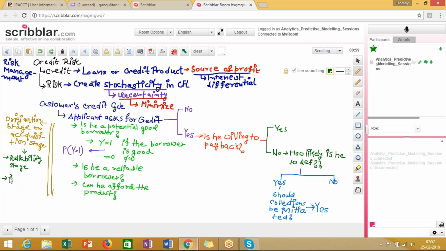When I talk about reliability matrices, how do I identify whether a borrower is reliable or not? To understand that, I need to assess mostly his demographic information. For example, let's take a very rich businessman who has millions of dollars and asks for a credit card from my bank, ABC, whatever it is.